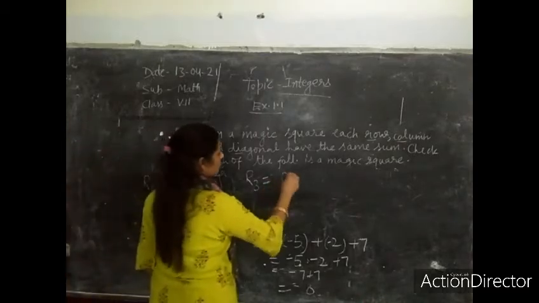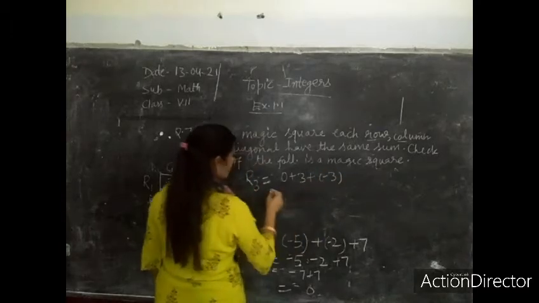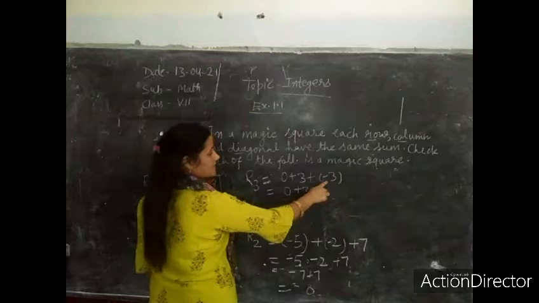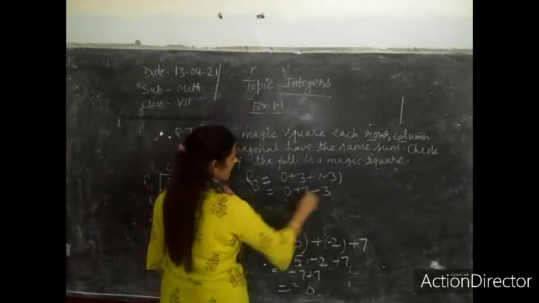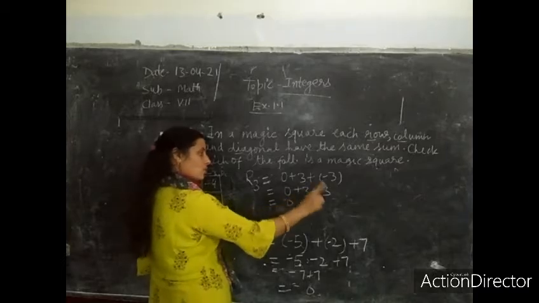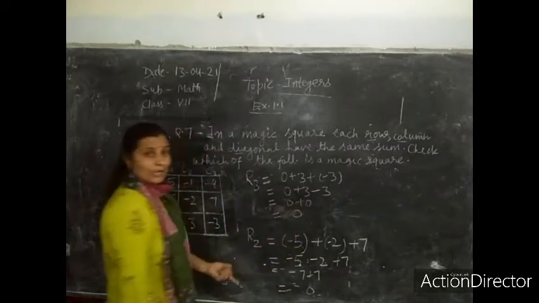Now add: 0 plus 3 plus (minus 3). Plus minus becomes minus 3. So 0 plus 3 minus 3 equals 0.